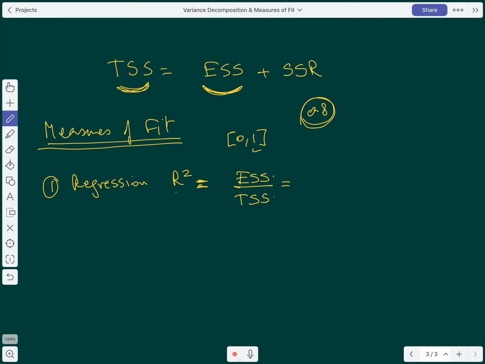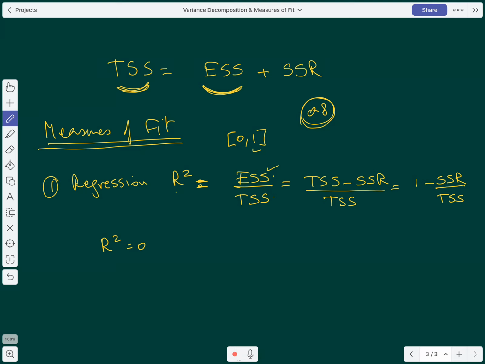We can also explain it this way. If I open up ESS and say ESS is simply TSS minus SSR over TSS, or you can write it 1 minus SSR divided by TSS, and we can see these extreme values. If R squared is equal to 0, then my model cannot explain anything, right?